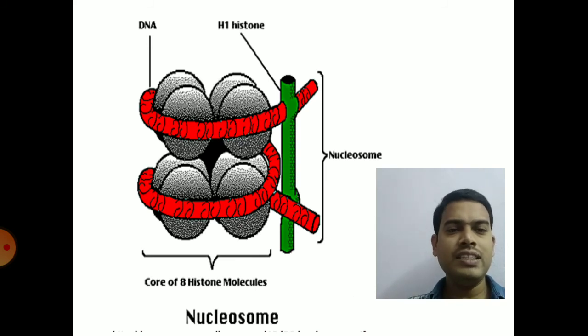You can clearly see the structure of a single nucleosome, a single unit. An octamer of histone with 8 subunits, you can clearly see the 8 subunits there. DNA is wrapped around twice, covering 146 base pairs, and a linker histone is present at the entry and exit sites of DNA.